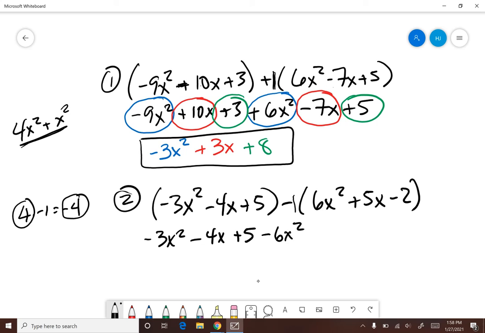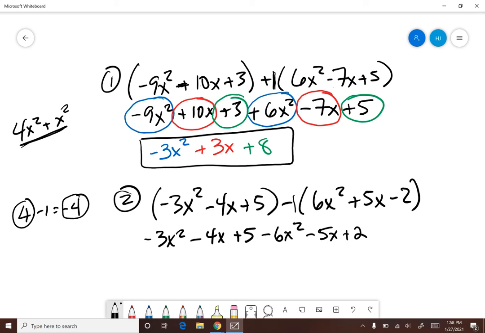So in other words, when I subtract a 5x, notice my signs change from a positive 5x to a negative 5x. So what do we think is going to happen here with the negative 2? My signs changed on this one. My signs changed on that one. Guess what? When I multiply or divide by negative 1, it's going to change my sign. So instead of a negative 2, it's going to be a positive 2.